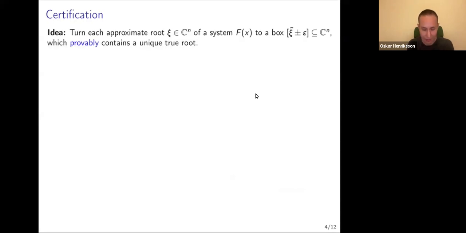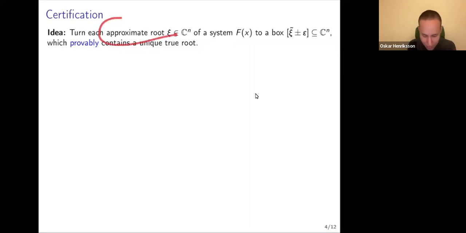The idea is that once you've done this, you have a bunch of approximate roots of your system. But you want to say something about the true roots, ideally, and certification allows you to go from these approximate roots, for each approximate root, to a box, a product of intervals in n-dimensional space, where you can prove with interval arithmetic and the Banach fixed point theorem that there must be a unique true root.